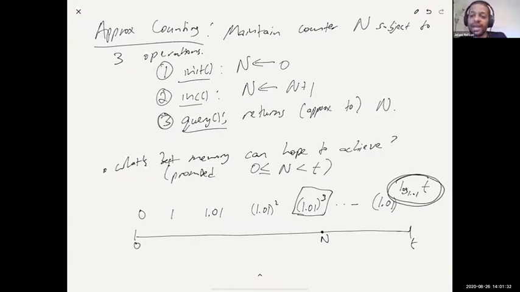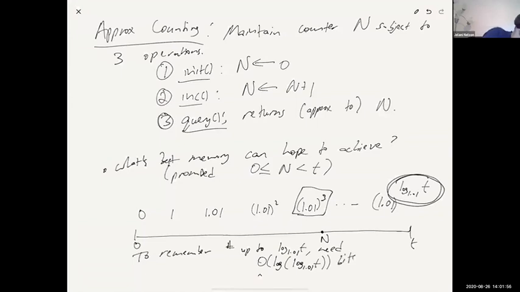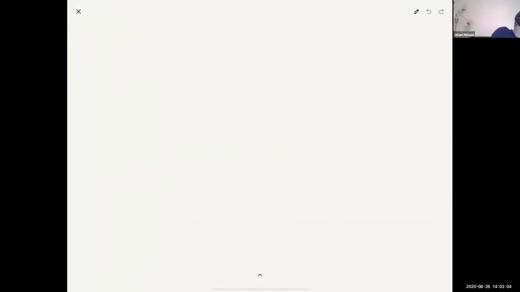So the number of bits of memory I need to remember an integer up to, let's say, log base 1.01 of t, I only need O of the logarithm of that number of bits. Right? And so I said log of the logarithm base 1.01 of t bits.